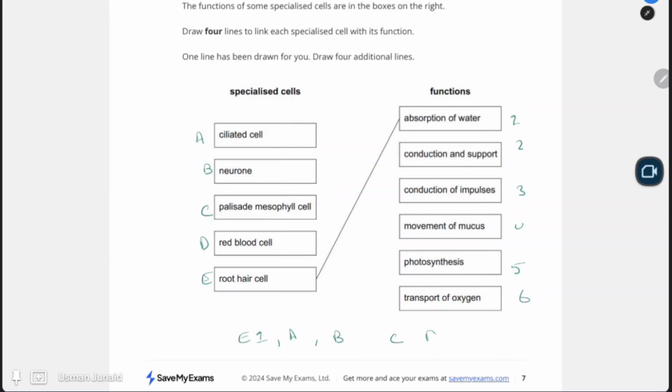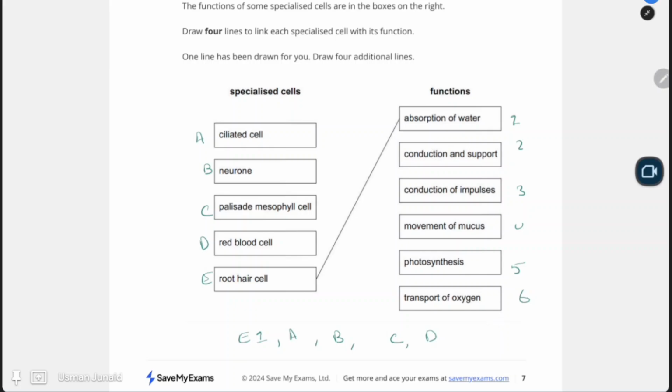A, B, C, D. What number do their functions correspond to? A to the sixth one.